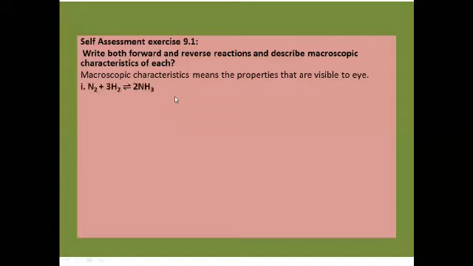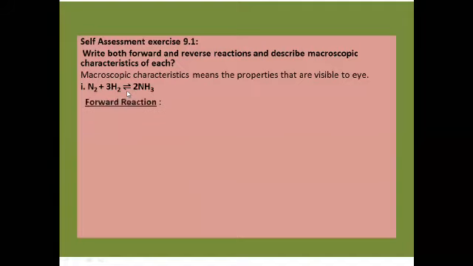The first reversible reaction is 1 mole of nitrogen reacting with 3 moles of hydrogen gas to form 2 moles of ammonia. For this reversible reaction we have to write the forward as well as the reverse reaction.